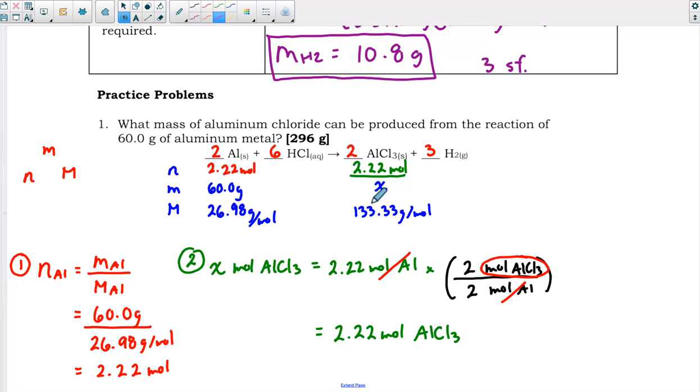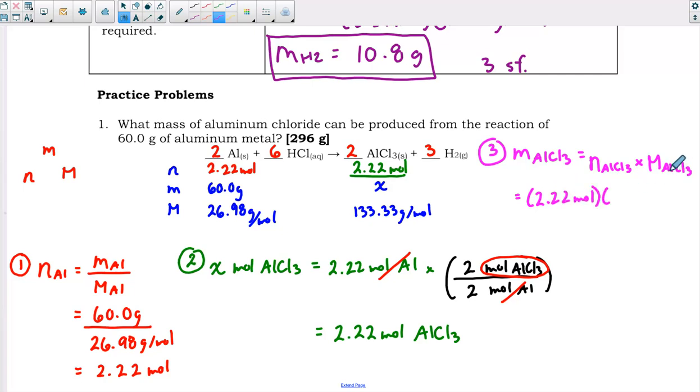So our final step now is calculating our missing mass. So here we want to find the mass of AlCl3, so the theoretical mass that we can produce of this product. So we are going to take the moles of AlCl3 multiplied by the molar mass of AlCl3. That is going to be our 2.22 moles.